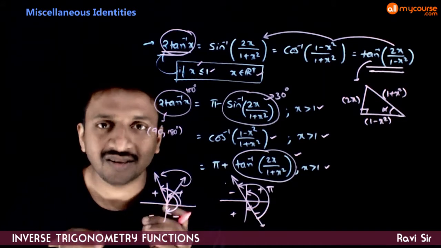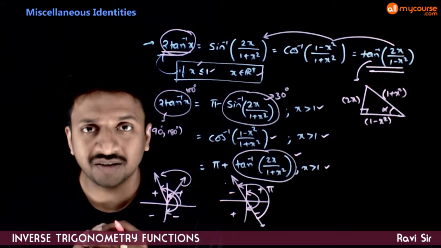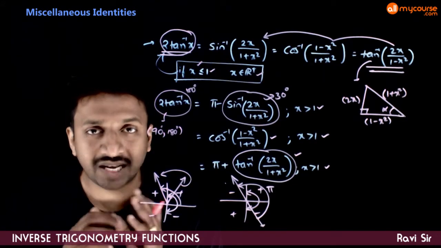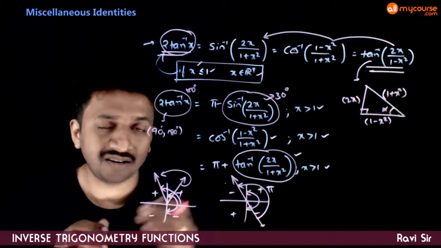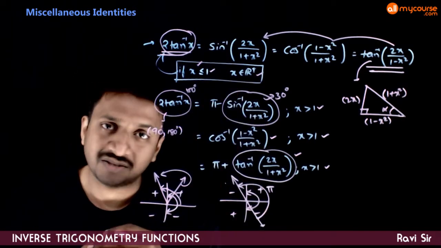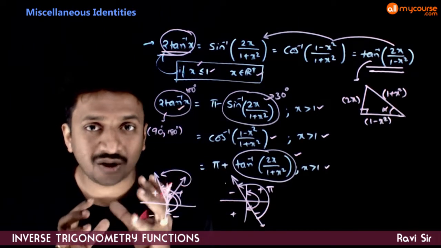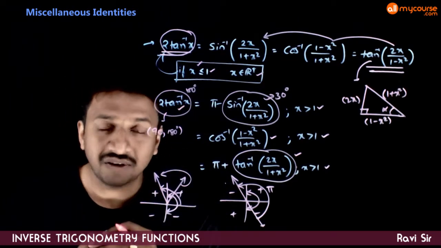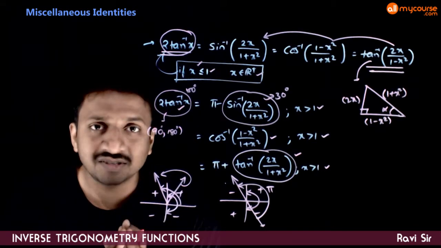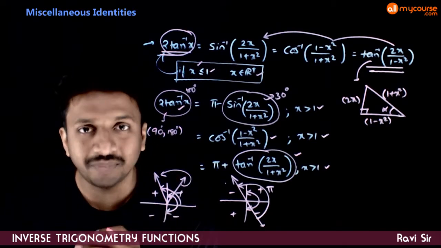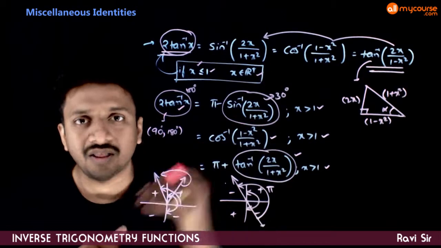So this is the beauty of inverse trigonometric functions. That's why many students find it difficult to do these manipulations. If you understand the basics of the domain and range of the inverse trigonometric functions and the quadrant diagrams, it is quite simple to derive all these formulas.